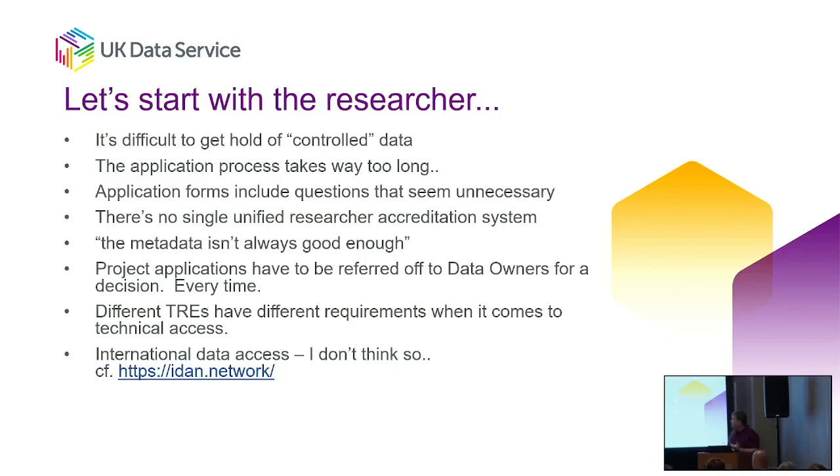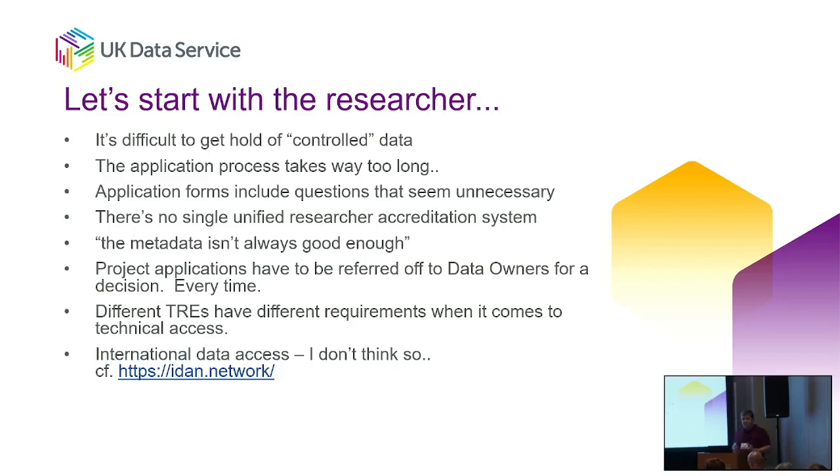So that is ripe for consolidation and also standardization across the board. There's no single unified researcher accreditation system. Now, there kind of is a researcher accreditation system in the UK. People have an accredited researcher number, but it's not always leveraged by each repository in the same way.